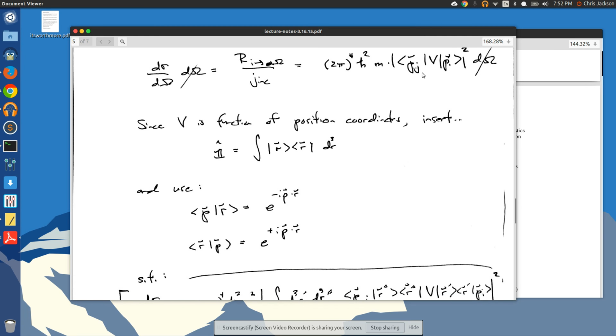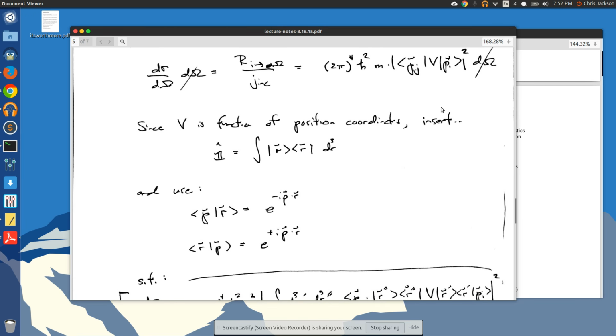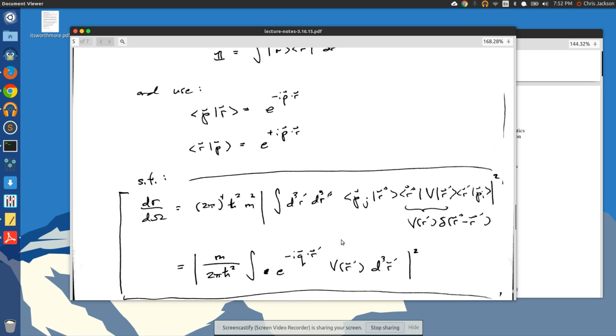I'm going to plug in 2 factors of 1 on both sides of V. And then I'm going to use the fact that when this r hits this p, it's going to give me a plane wave, right? So one plane wave would be outgoing and the other one would be incoming, right? And so let's see what we have. So here, I've plugged in my 2 factors of 1, right? And now, again, we're assuming that V is diagonal in position space, right?